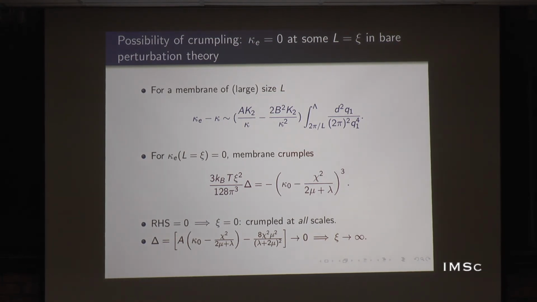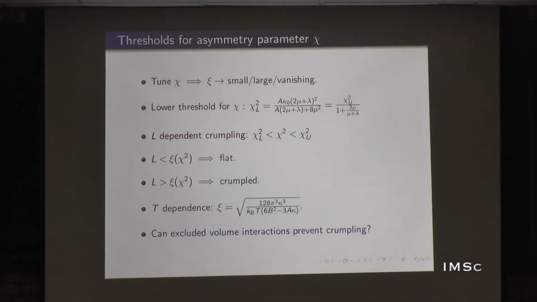Xi finite means there is a finite size, and as you exceed the size you will see the effect of crumpling. So, the xi you actually see depends on temperature. As T becomes smaller and smaller, xi gets bigger and bigger because the thermal fluctuation effects become smaller and smaller, which is not surprising.